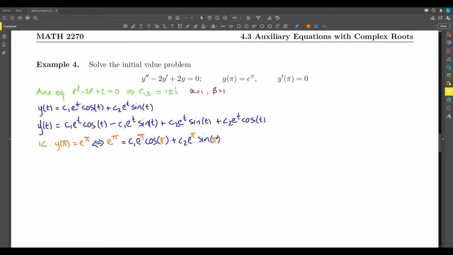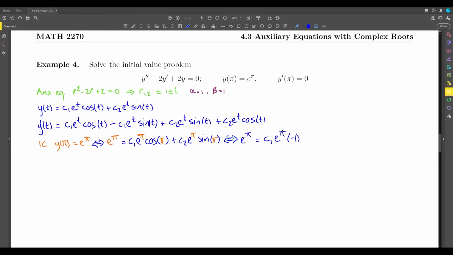And now the nice thing about pi is that sine of pi is 0, and so this whole term disappears. So that means that this is now equivalent to e to the power pi equals, and cosine of pi is equal to negative 1, so we have c1 e to the power pi times negative 1.